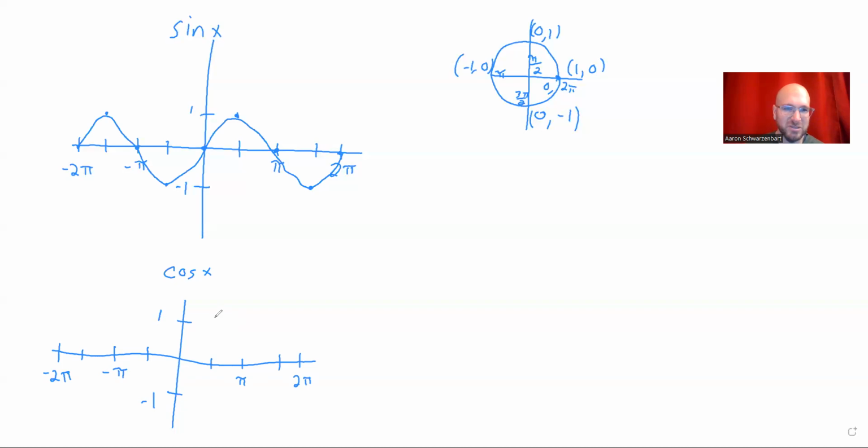Yes, pi over 2 is a little more than 1, so I don't know if I scaled these perfectly evenly in length. But the cosine starts at 1, goes 0, -1, 0, back to 1. So it's the same graph, essentially, but it's got a horizontal shift on it.